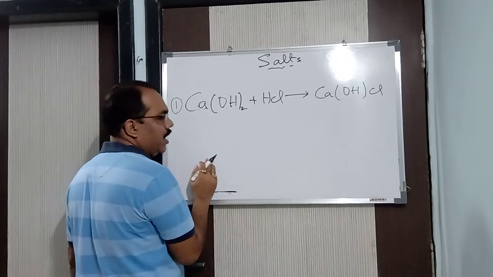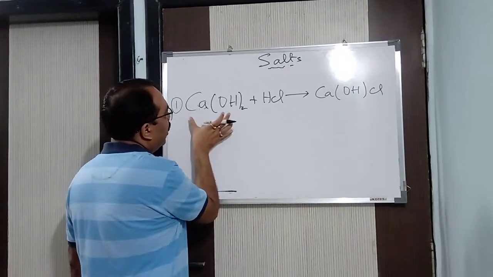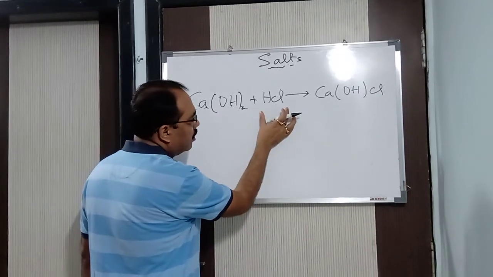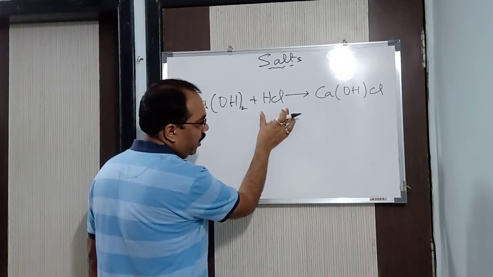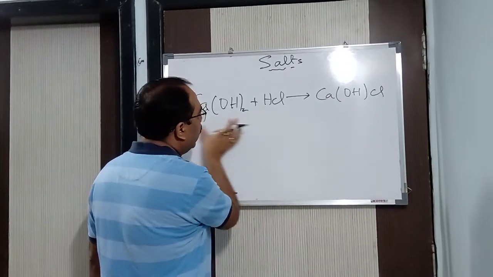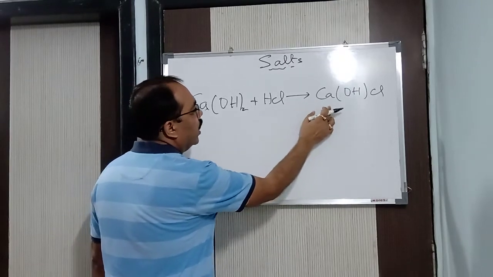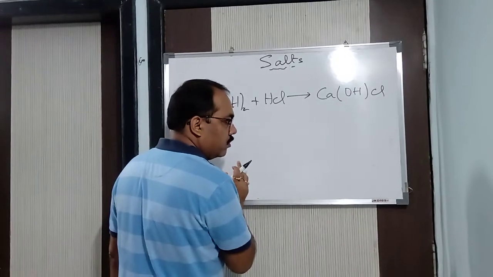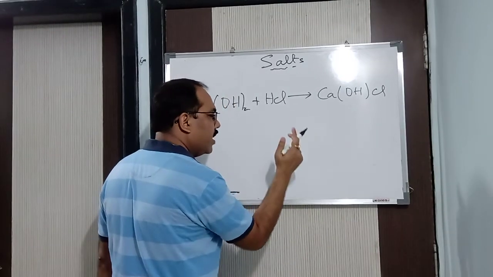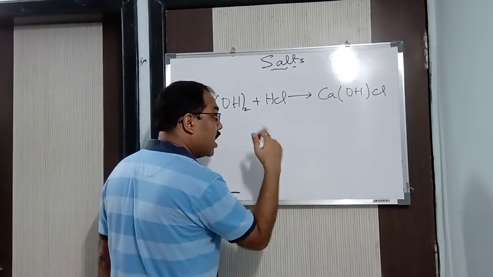In this way we can have so many, like you take copper hydroxide plus HNO3. When you take copper hydroxide plus HNO3, what you will get is CuOH. The OH minus ion is not completely replaced, it is partially replaced.